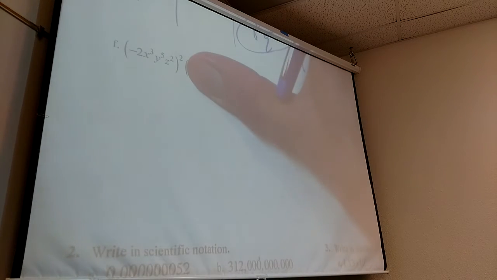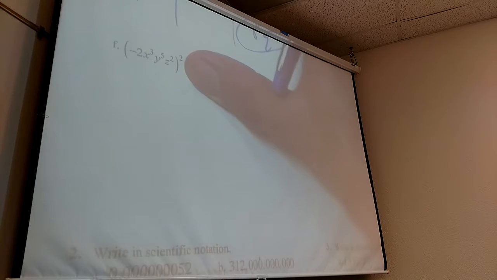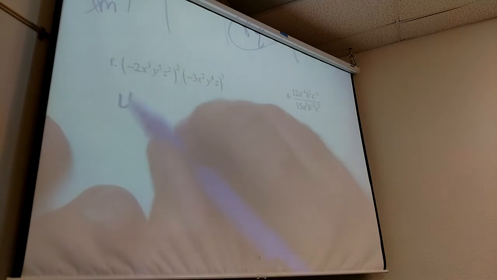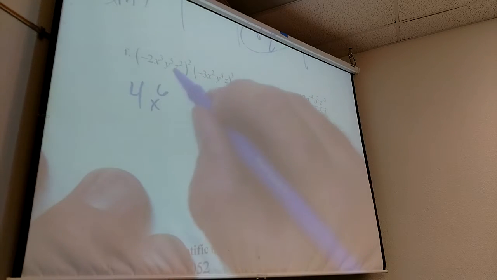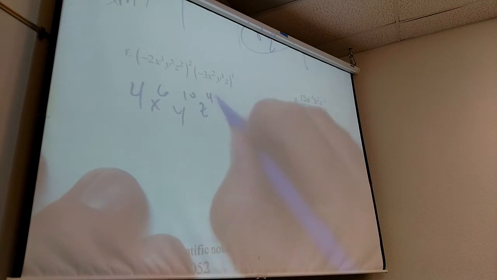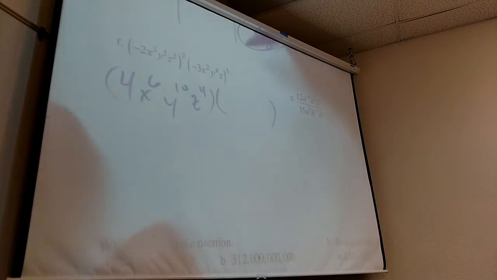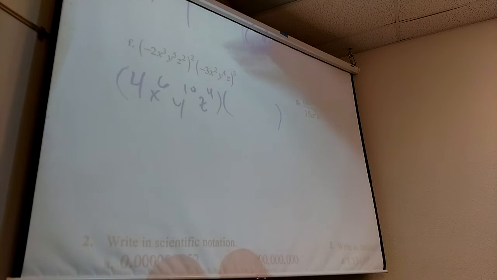So here, treat that like its own problem. What do I do to each thing inside? It's -2 squared: 4. x to the 6th. y to the 10th. z to the 4th. And next to that, I'm going to write this guy. What's -3? And why am I doing this? Do I multiply or raise to a power?